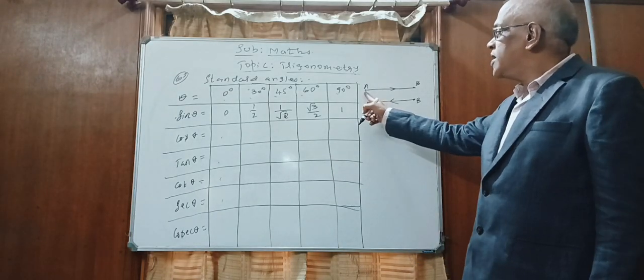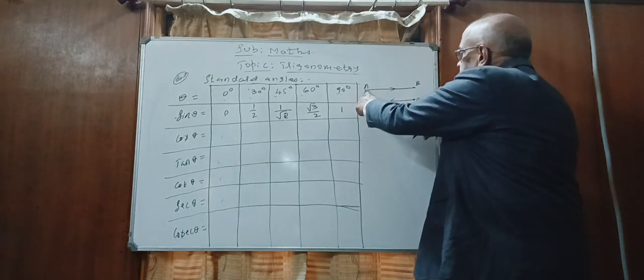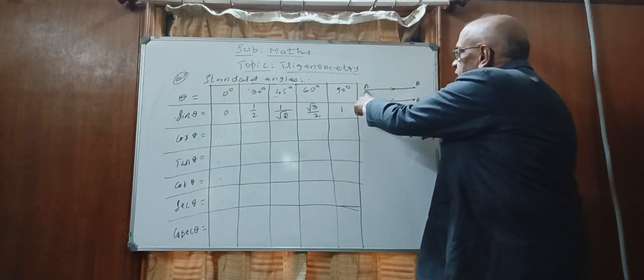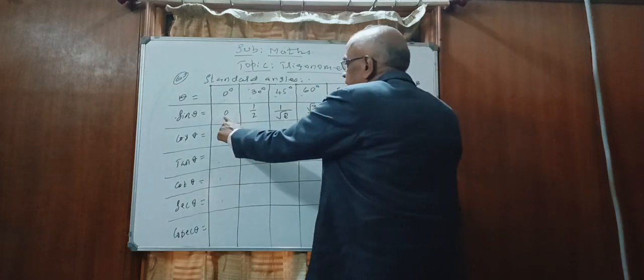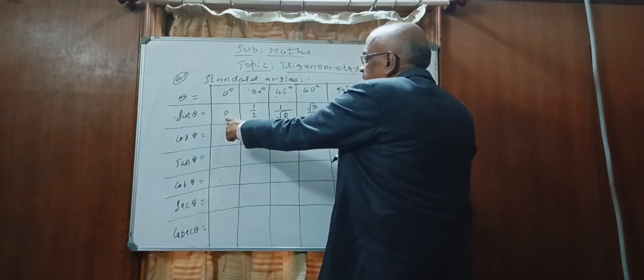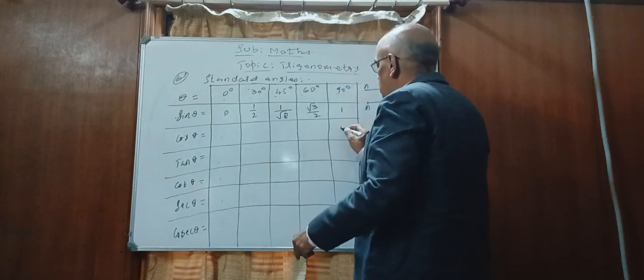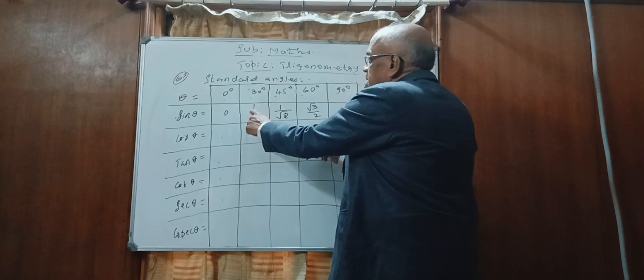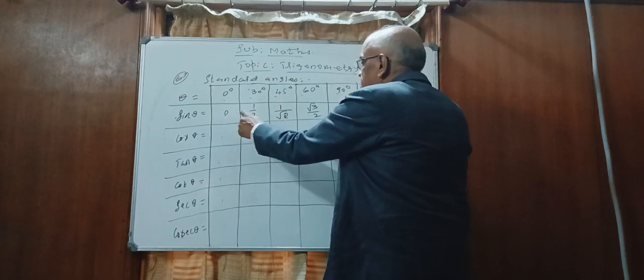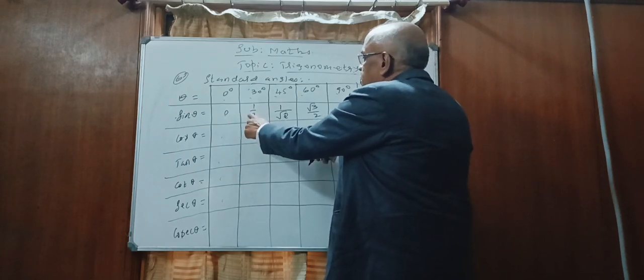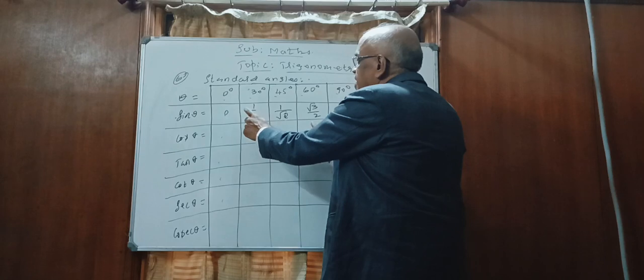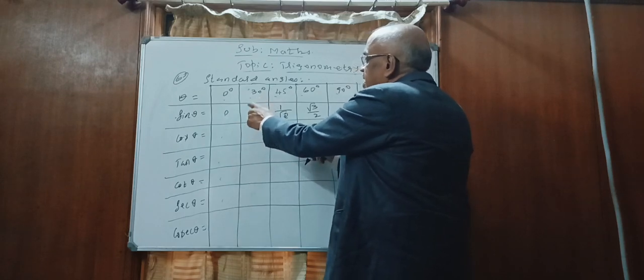Now, a bus is coming from A to B. At the same time, another bus starts. This bus is at where? A. This bus is at where? B. What is cos 90? 0. Now the bus has started moving. Now here it is at one point. Sin theta, how much here? 30.